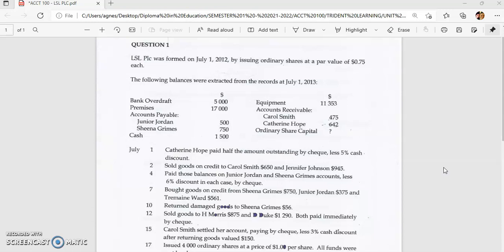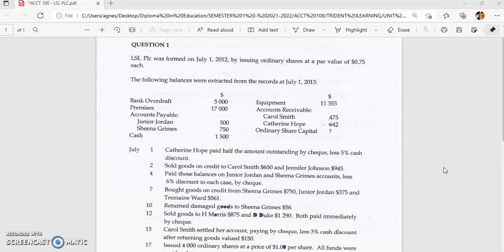And in our introductory video on limited companies, we would have gone through several questions with respect to shares, calculating the value of shares, and also calculating dividends for ordinary shareholders and for preference shareholders. So all of that will be coming out in this example question.